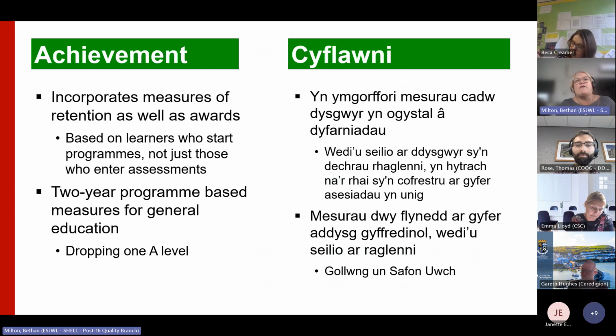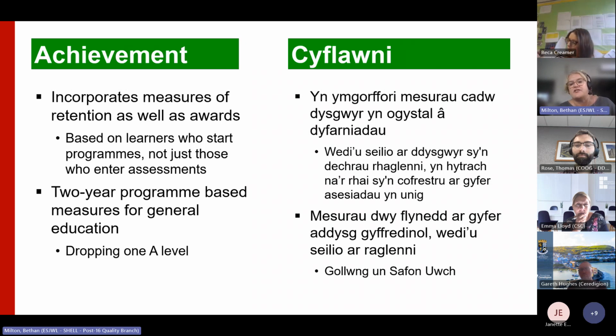So it gives us a bit more of a nuanced approach than just looking at those that actually enter for the examination. It gives us a bit more of a feel for retention, who's staying on for the full 2 years, because generally the ones that start an A-level programme have the intention of staying to the end.